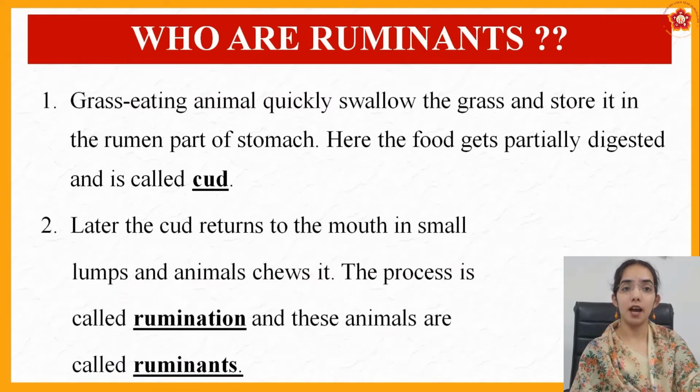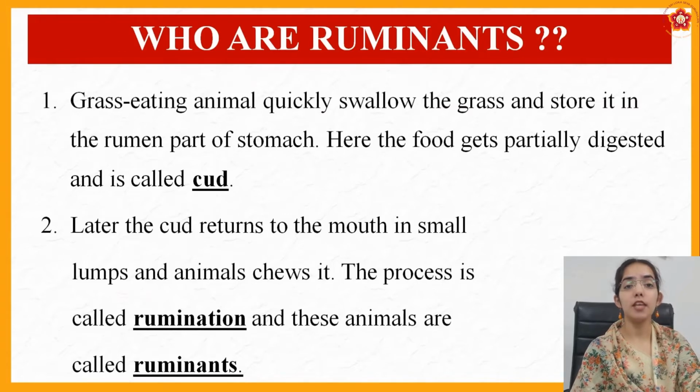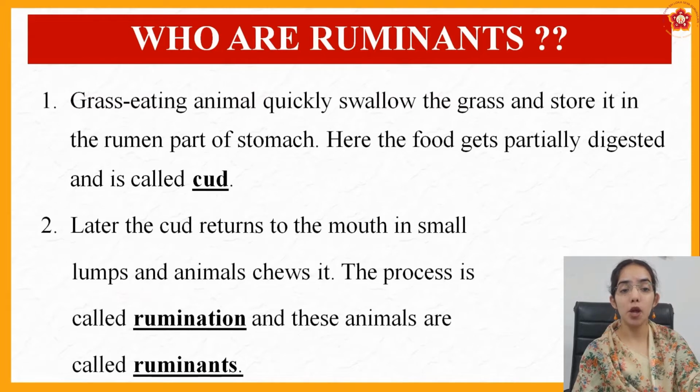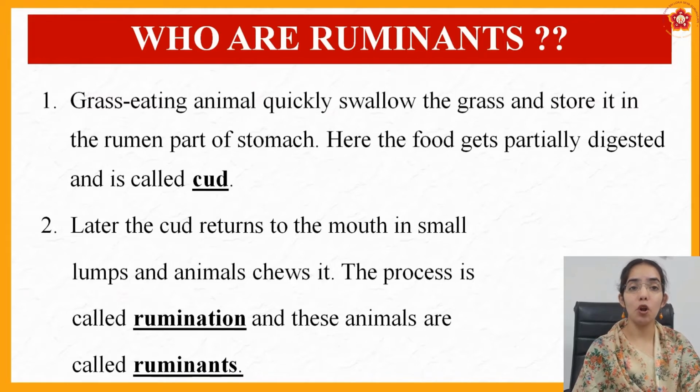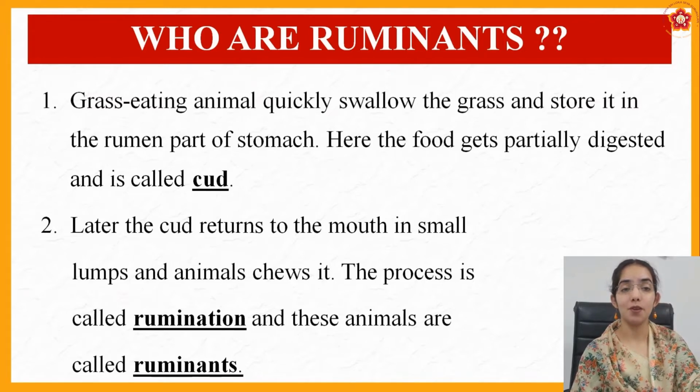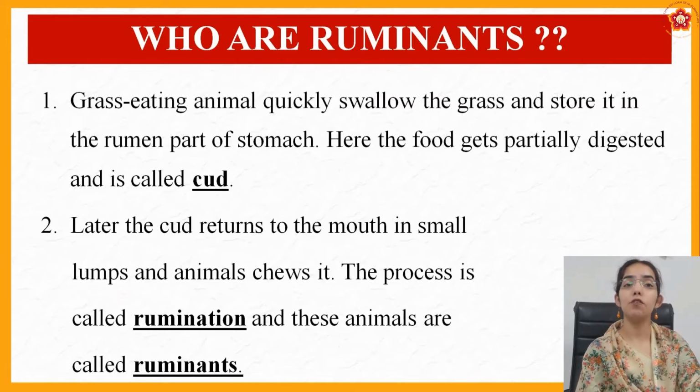Later on, this cud returns to the mouth in small lumps, and then the animals will chew it properly. This process is called rumination, and the animals are called ruminants. So what are the grass-eating animals doing? They quickly swallow the grass in the first chamber of the stomach called rumen.